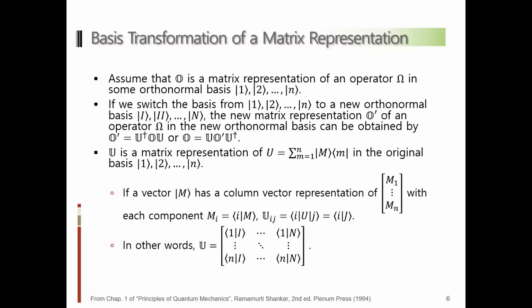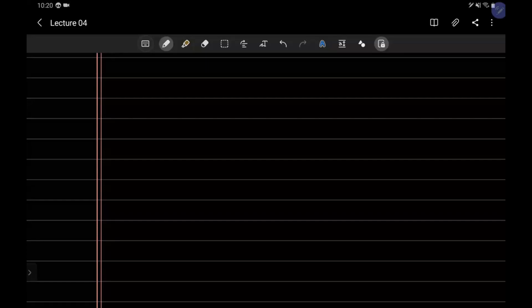Then, what is the application of the unitary matrix? Probably one of the most popular applications of the unitary matrix is that it is used for basis transformation. So let's consider the basis transformation, starting with a concrete example.